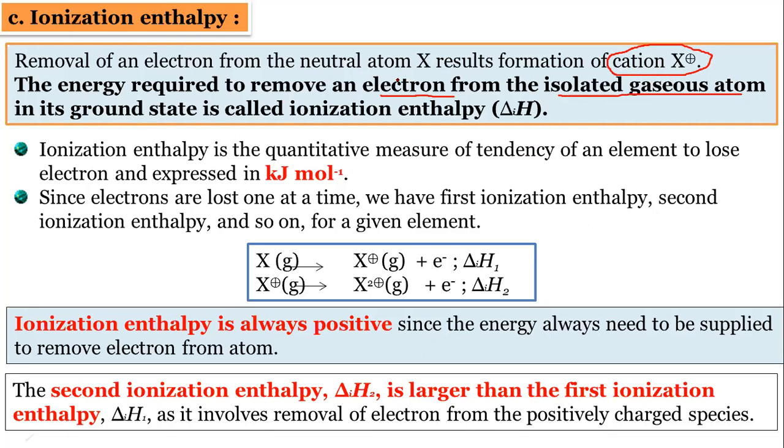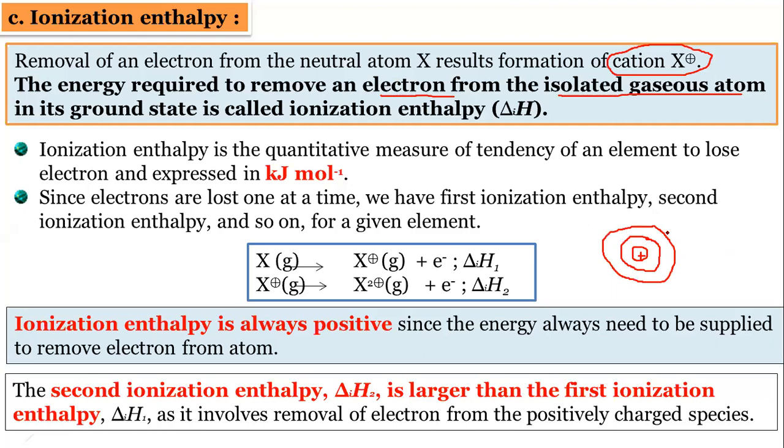In easy words, I will explain what is meant by ionization energy. It is the amount of energy required. This value is always positive because energy is always required to remove the electron from the isolated gaseous atom, that is from the valence shell. Suppose this is a positively charged nucleus, this is the first shell, and this is the second shell.